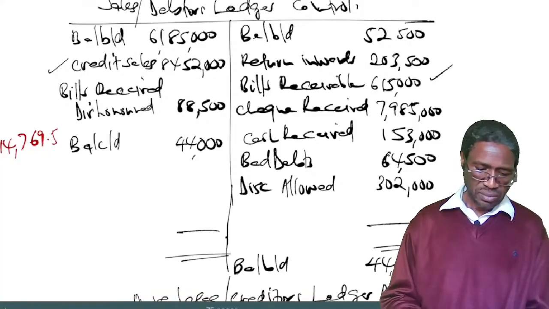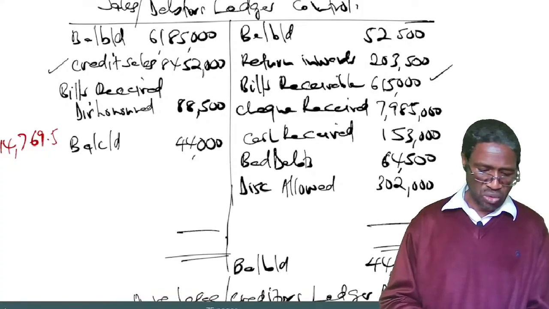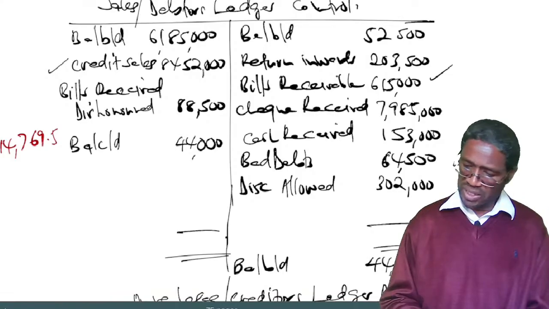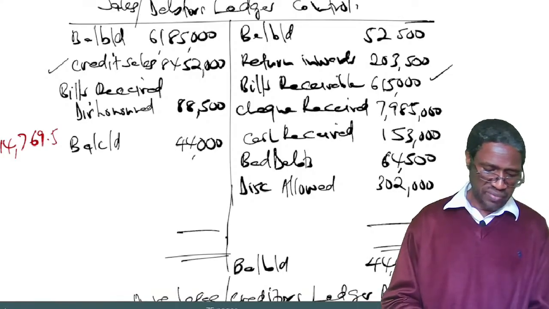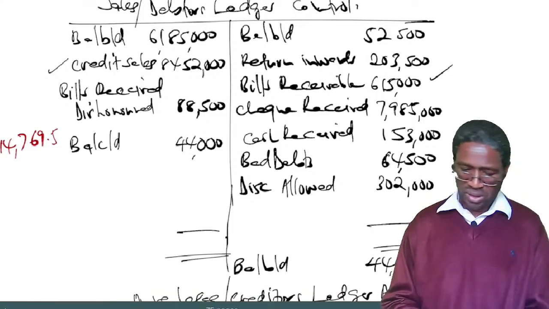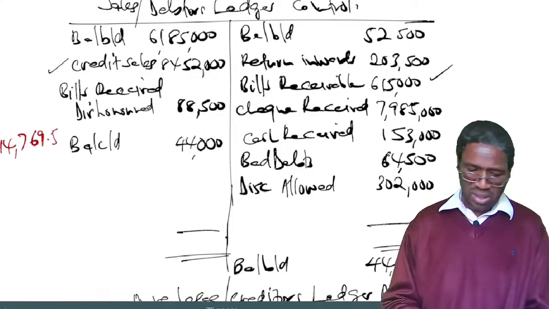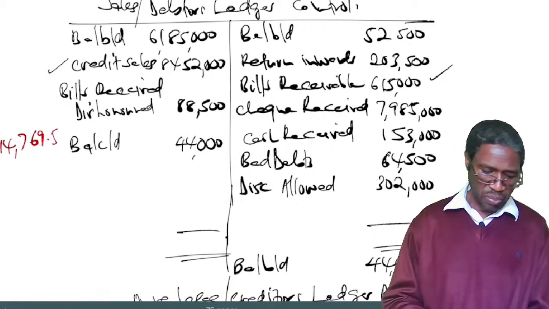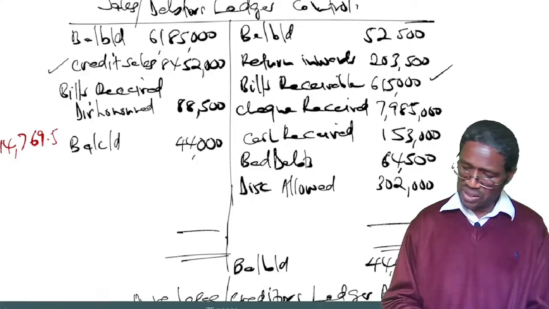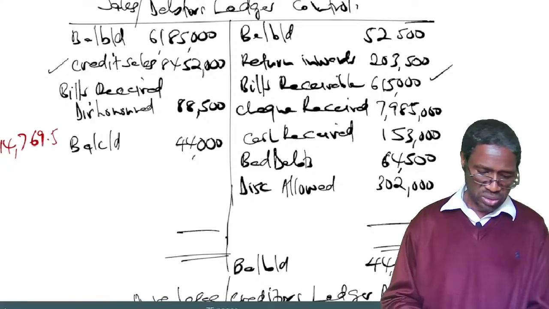Good. What about on the credit? 52,500 plus 203,500 plus 615 plus 79.85 plus 153 plus 64.5 plus 302.